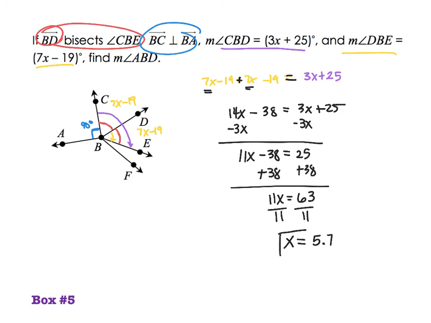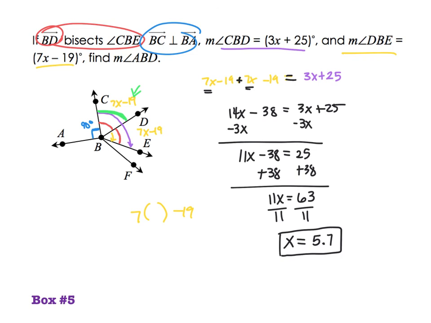Okay, now we just found x. That is the only thing that we have found so far. That doesn't represent the measure of the angle. To find this measure, and I'm doing it in green, I'm going to substitute that 5.7 into this equation right here. So I have 7 times x minus 19.